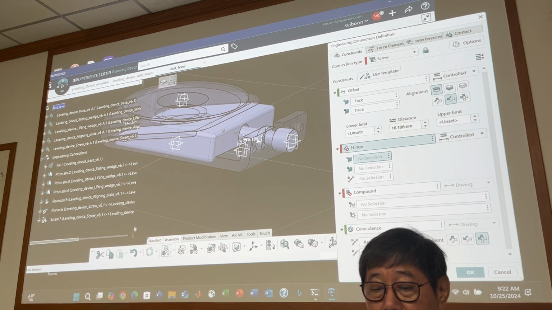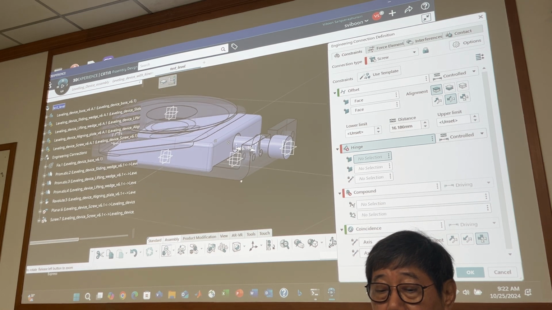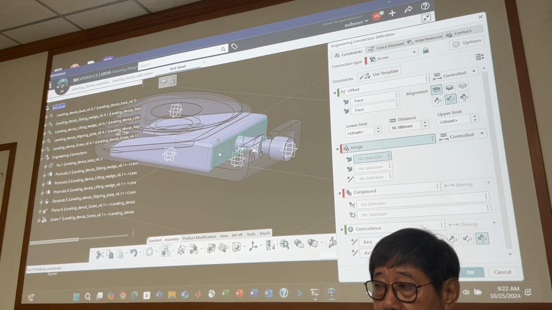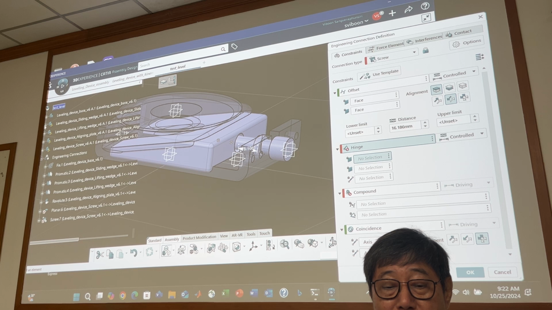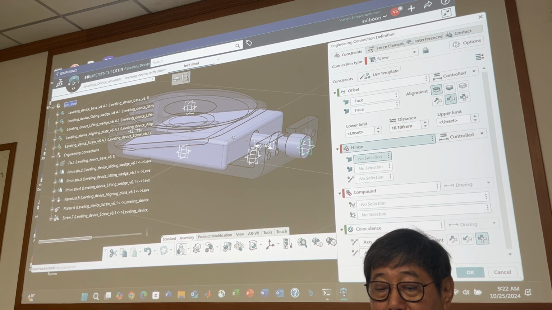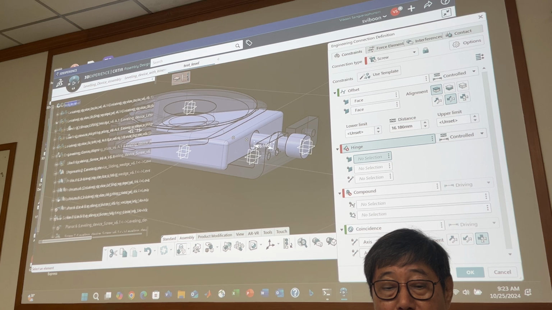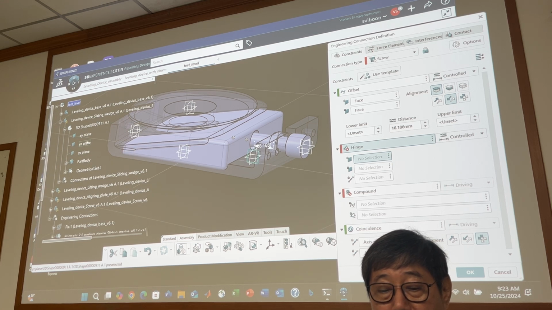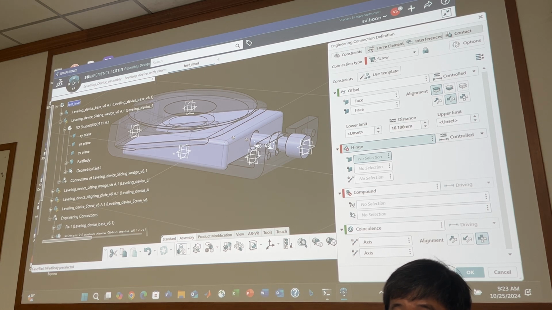Make it smaller, right? You can have rotation between this one and this one, right? Look at this one, even not sure which one is the plane. I want to angle this one and angle this one, right? Let's say if I have this sliding wedge, let me select this one. You see this plane, you see? Sometimes you have so many axes, right, you don't know which one belongs to this one, right?